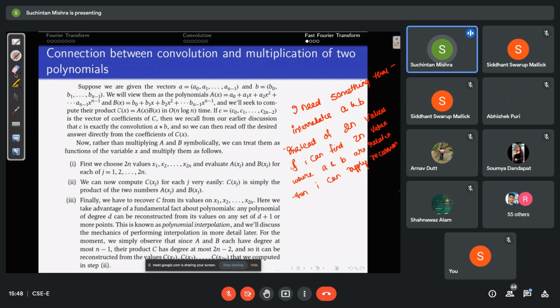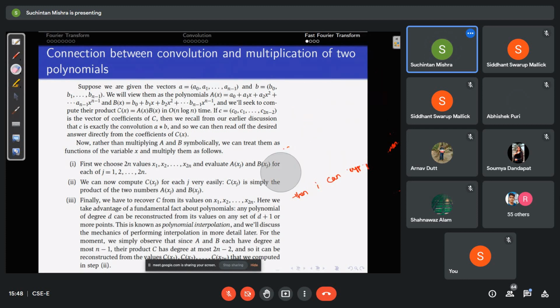Okay, so if you see, 2n such values can be found out. Let us take 2 polynomials.